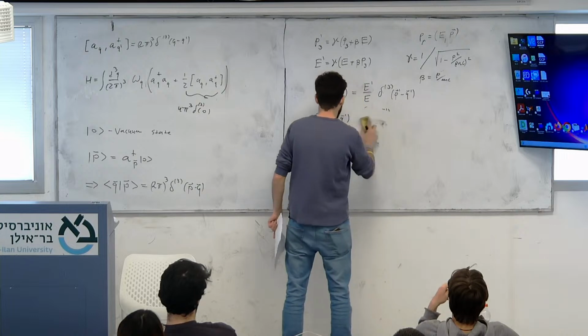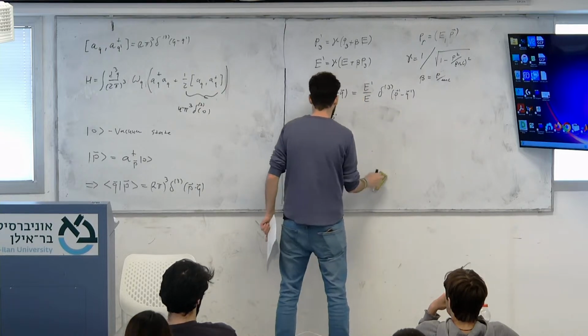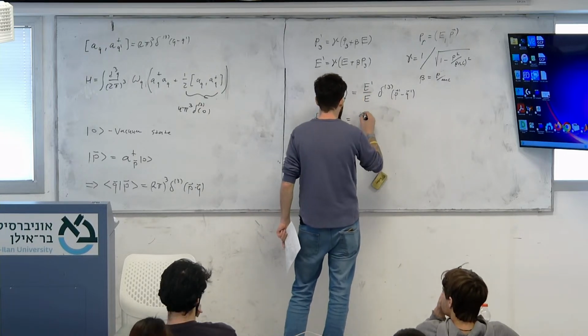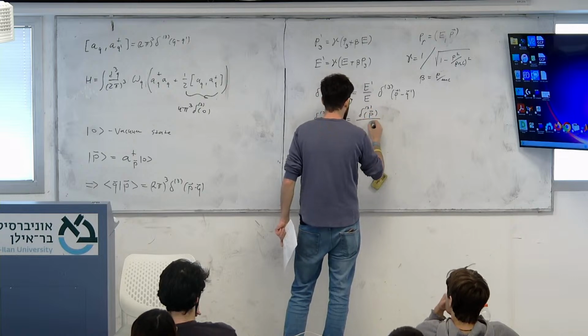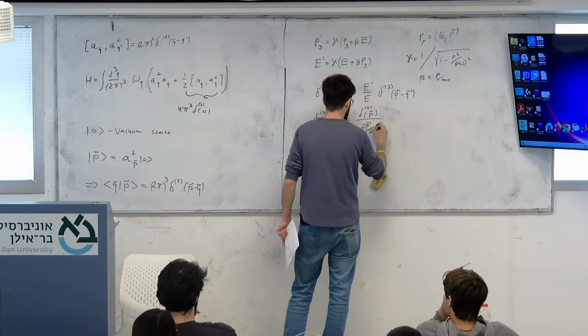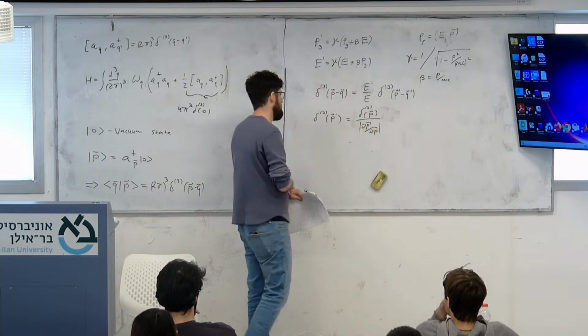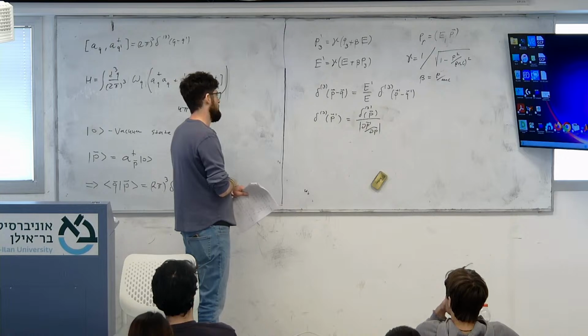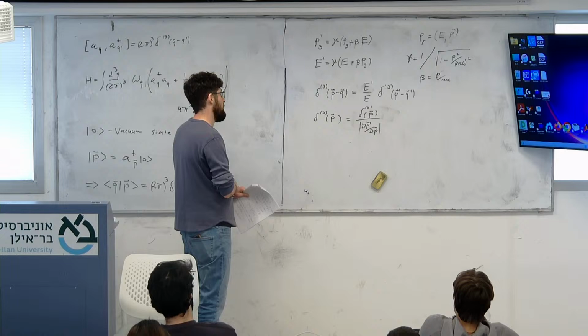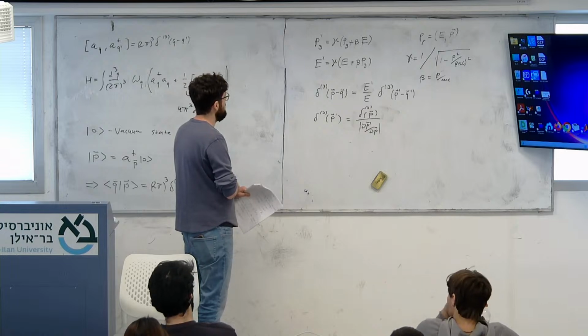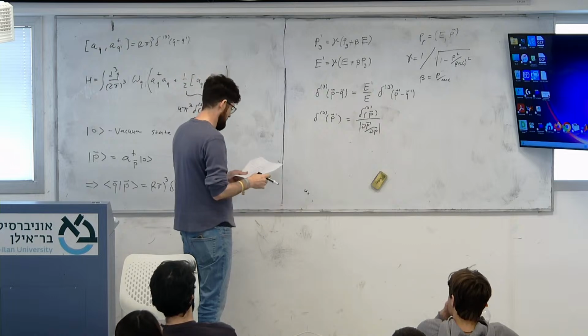Let's do it easier. Delta of p is something like delta of p3 divided by dp prime to dp, absolute value, and that turns out to be this gamma, I guess, right?